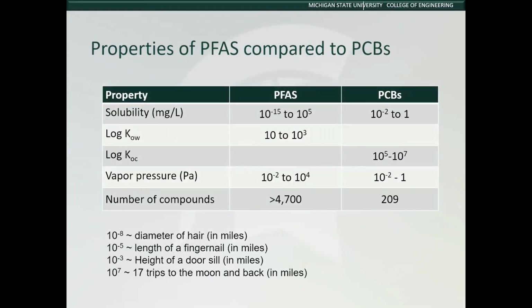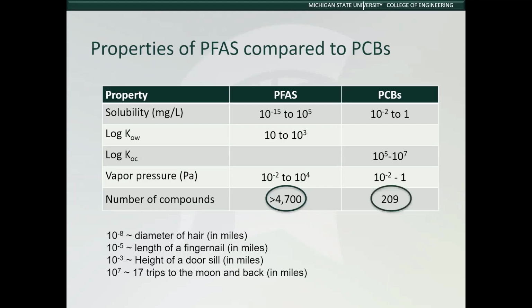One of the major challenges with the PFAS chemicals is their sheer number. There are more than 4,700 PFAS chemicals, and the number continues to increase as we create new forms of this type of chemical. We've dealt with groups of chemicals before, and I thought it would be beneficial to compare PFAS to PCBs.